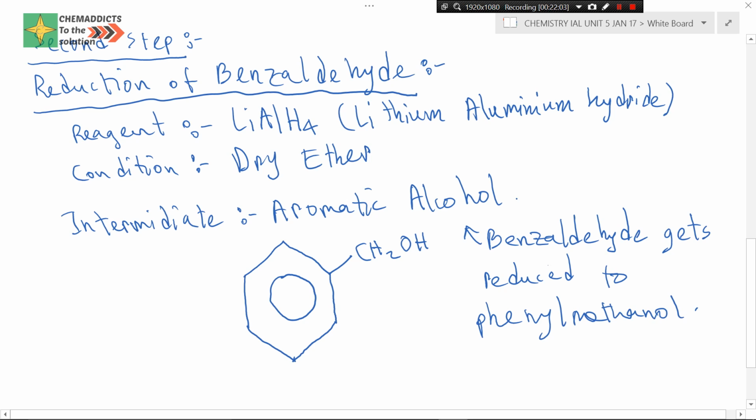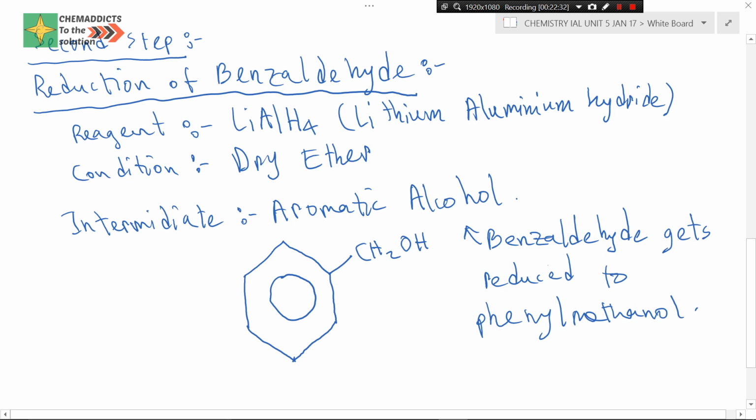All right, so in the second step we have carried out reduction of benzaldehyde. The reagent required for this reaction is lithium aluminum hydride, condition dry ether, intermediate aromatic alcohol, in this case phenyl methanol.